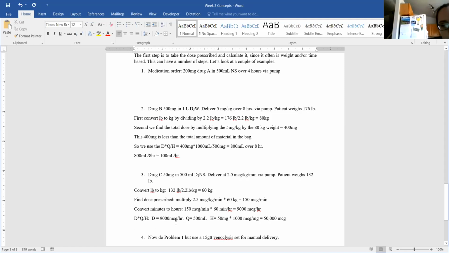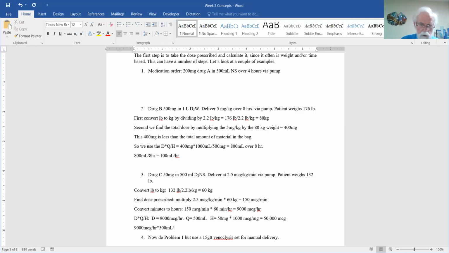So DQ over H becomes 9,000 micrograms per hour times 500 milliliters, and we're dividing that by 50,000 micrograms. So micrograms are going to disappear and we're going to have milliliters per hour. Okay.